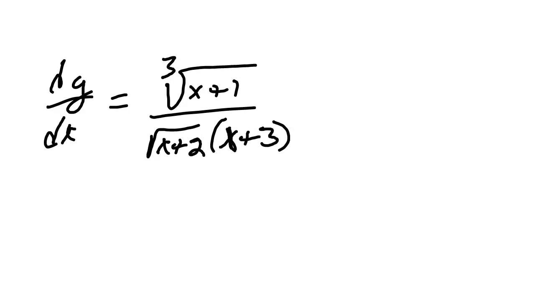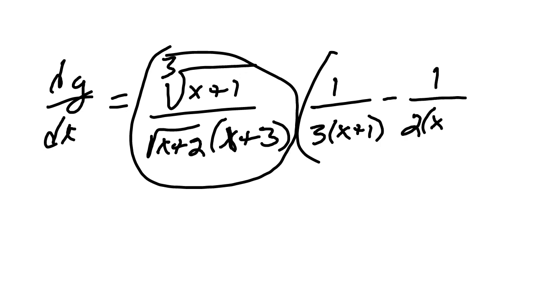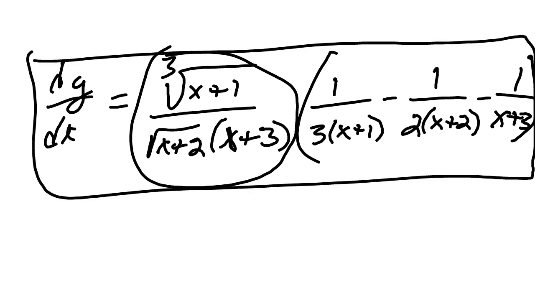So this is y that we had before, and then times what we had left, which is 1 over 3 times the quantity x plus 1 minus 1 over 2 times the quantity x plus 2, and then minus 1 over the quantity x plus 3. So there we go. So no need to multiply that out.